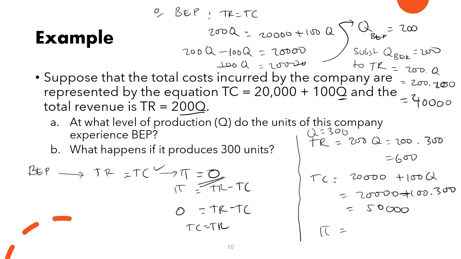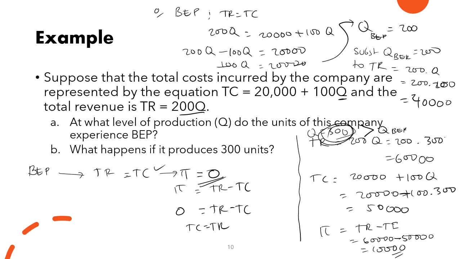So then profit will be TR minus TC, which is 60,000 minus 50,000, that is 10,000. So you see here, the Q is higher than QBEP. So that is possible if this will give you profit rather than loss.